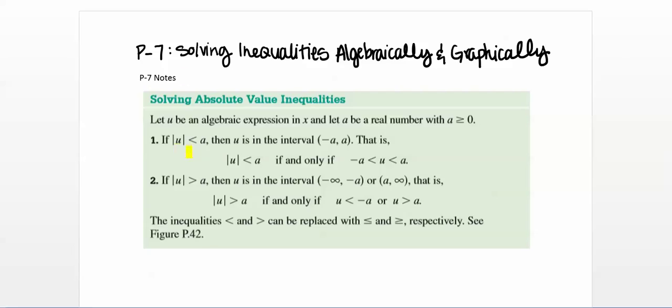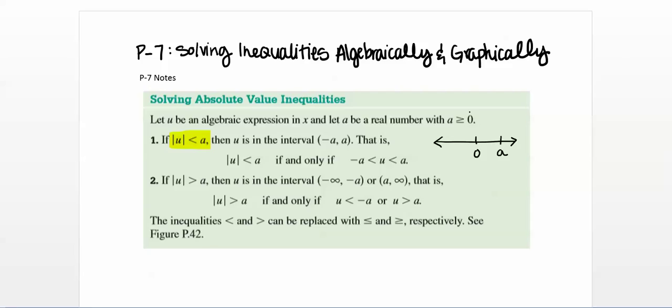If we have the absolute value of u is less than a, you may remember that if you think of that in terms of a number line, what we're really saying is what numbers u have a distance from 0, because that's what absolute value means, distance from 0, that is less than a.